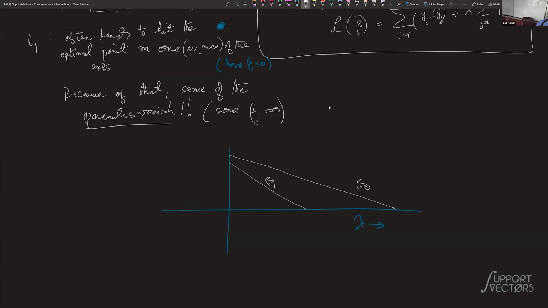Ultimately, if you make your lambda too big, all of the betas will disappear because they'll all keep shrinking. Now you keep getting to some axis. So if you choose your lambda here, this particular point of lambda, what will happen?